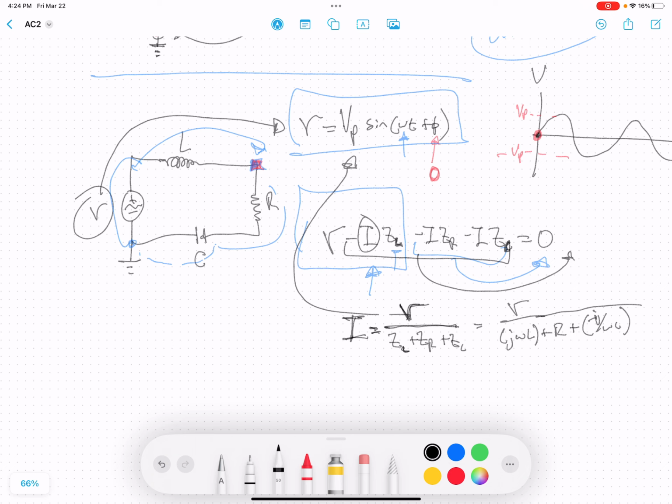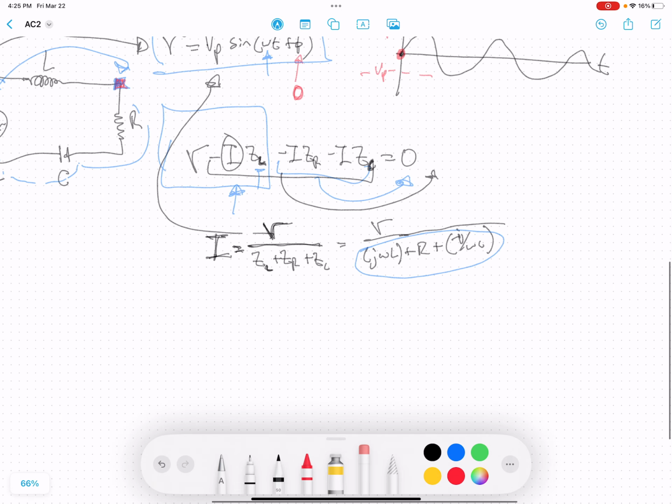And I have all these things, and I look and say, ooh, I've got some imaginary terms in here and some real terms. What am I going to do? I can pull these things apart. I can separate the real and the imaginary, right? Where we can say, okay, oops, there's the eraser.